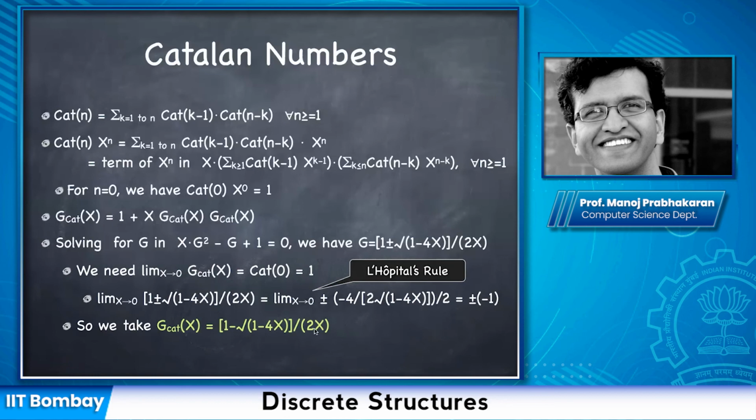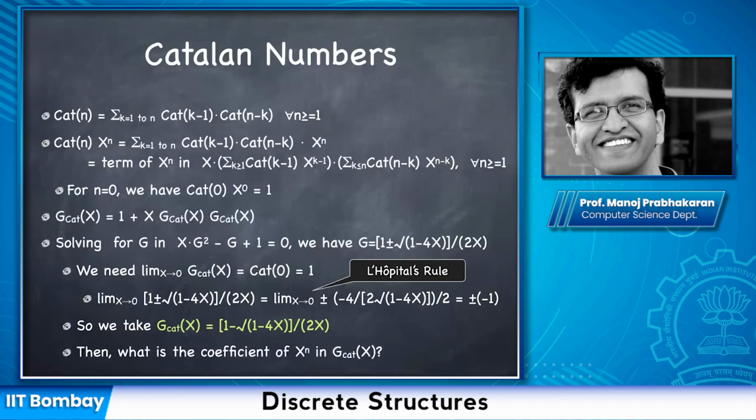If at all there is an expression for the Catalan generating function, it has to be this one, not 1 plus the square root of 1 minus 4x divided by 2x. And at the end we can verify that by this trickery we didn't get some wrong solution. So you can verify the solution once we finish with this analysis.